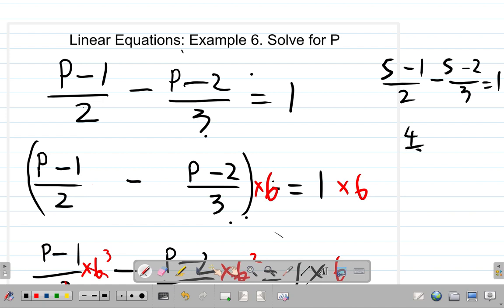So we have 4 divided by 2 minus 5 minus 2 is 3, is 3 divided by 3. 4 divided by 2 is 2. Is 2 minus 3 divided by 3 is 1. 2 minus 1 is 1. Alright, yes, it is correct.